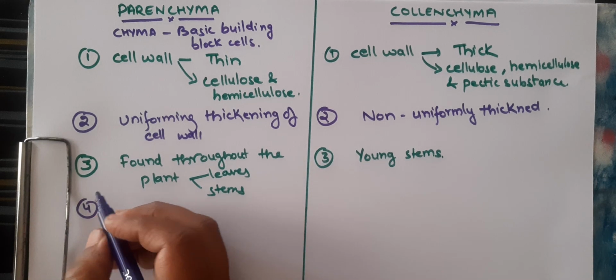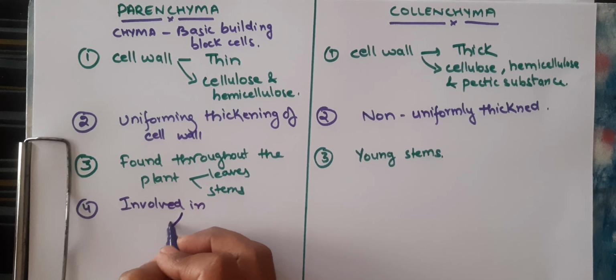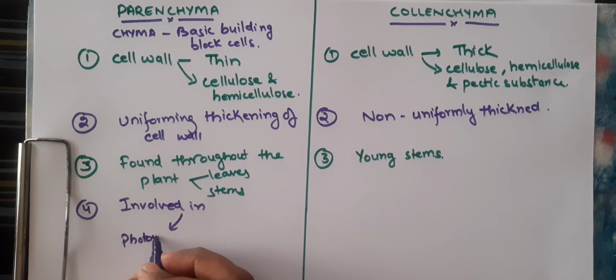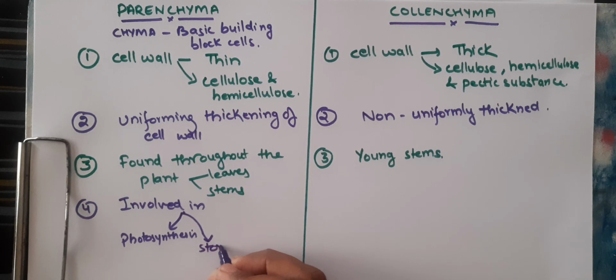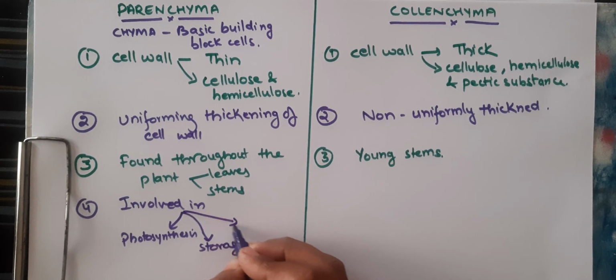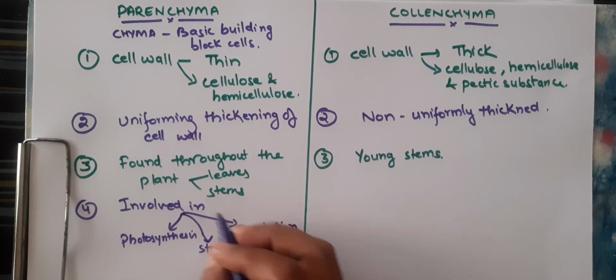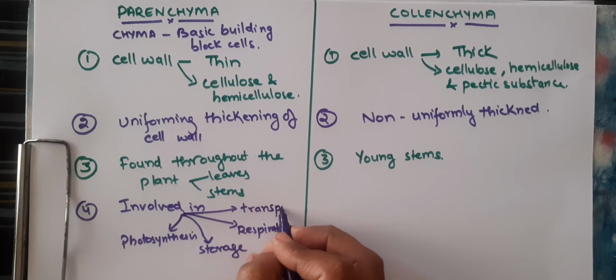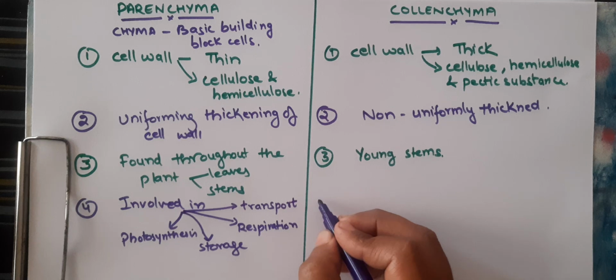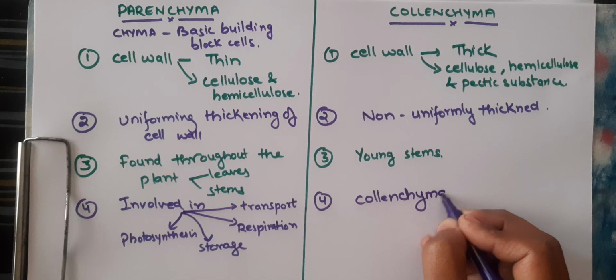Parenchyma cells are involved in the processes of photosynthesis, storage, respiration, and water and solute transport, whereas collenchyma plays a role in mechanical support.